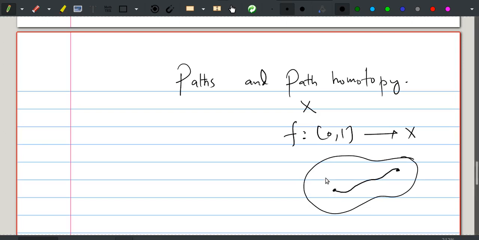This is point f of 0 and this is point f of 1. So this path travels along this direction. Let us keep f of 0 as x0, and let us keep this as x1. So this is a path from x0 to x1.